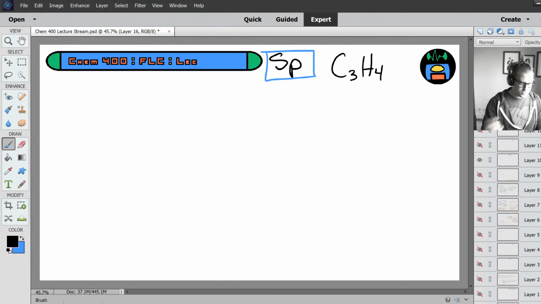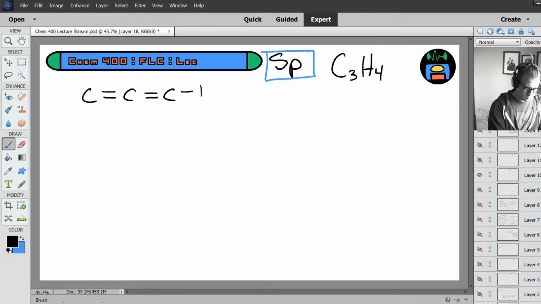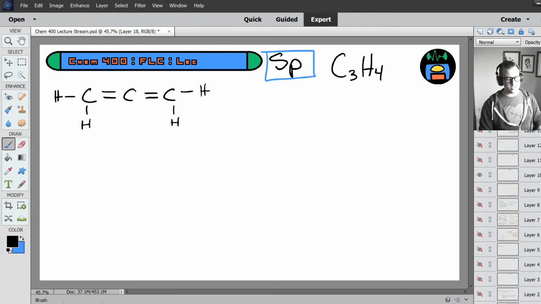First, let's start by, so again, I'm just going to redraw my Lewis structure up here so that we can have that for reference. And let's start with our central carbon.